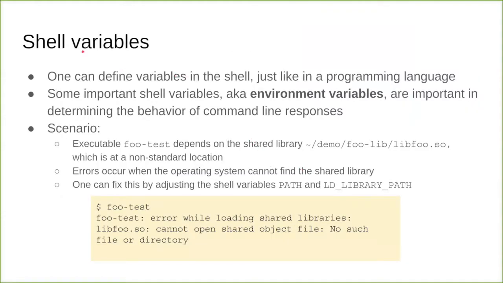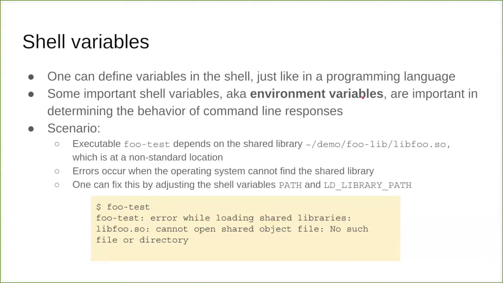And one important thing in the shell is shell variables. Like I said, a shell is a programming environment. You can think of a shell like a programming language that you know, such as Python or C. In that language, you can define variables, essentially arbitrary variables, but there are certain shell variables called environment variables.